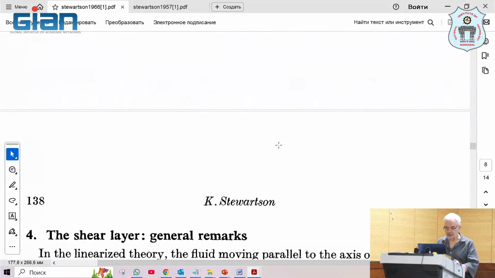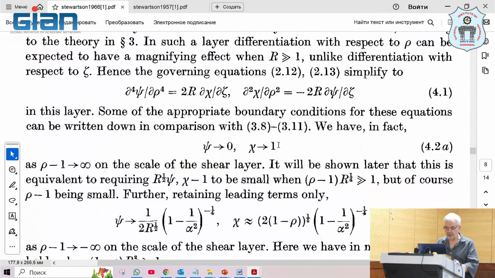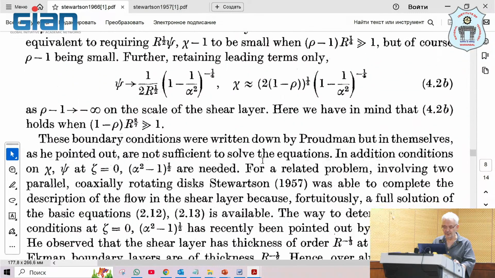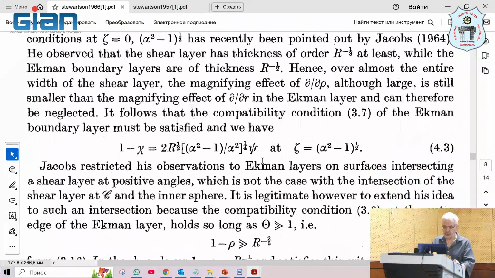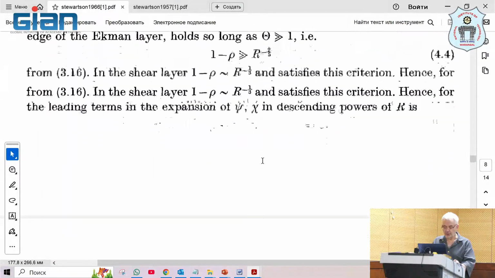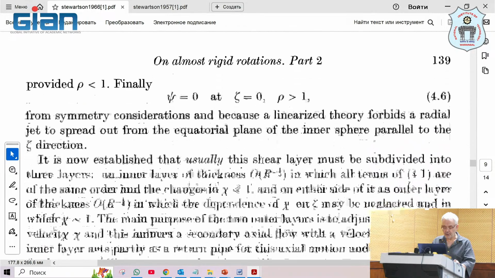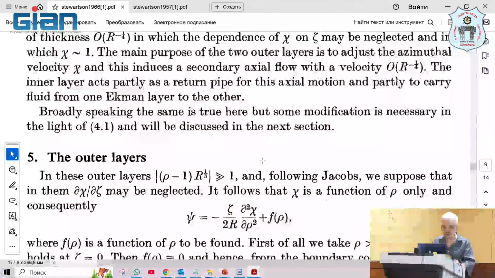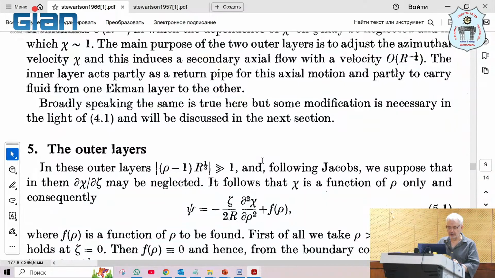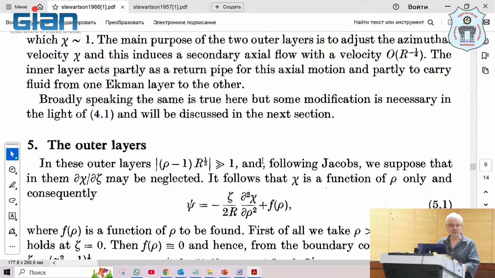And then he proceeded even further, to this E to the 1/4 and E to the 2/7 boundary layer. Here he got the solution. You see, this is after considering this Ekman type boundary shear layer, because it is a boundary and shear layer simultaneously.